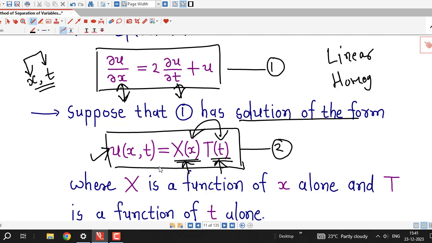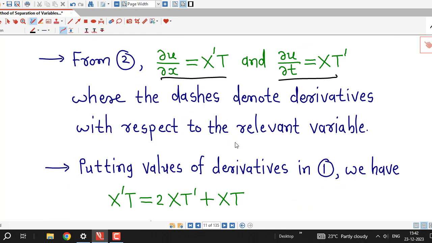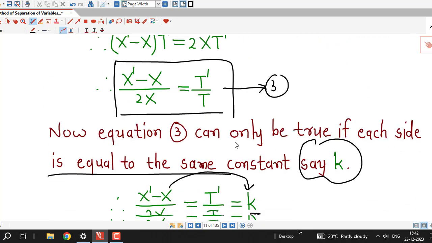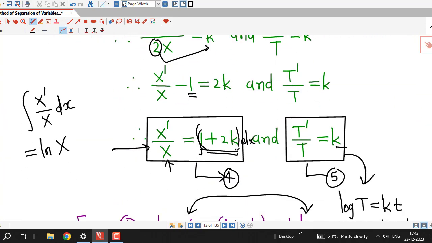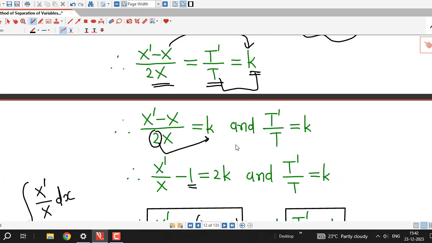So here we know in advance the form of the solution. The form of the solution of the given PDE is known in advance, or we assume that the solution is in this form, and then we try to find out these two functions capital X and T, and for that we put values of these derivatives which we obtain from equation 2 in the given equation, and after putting their values we obtain ordinary differential equations in those two independent variables.